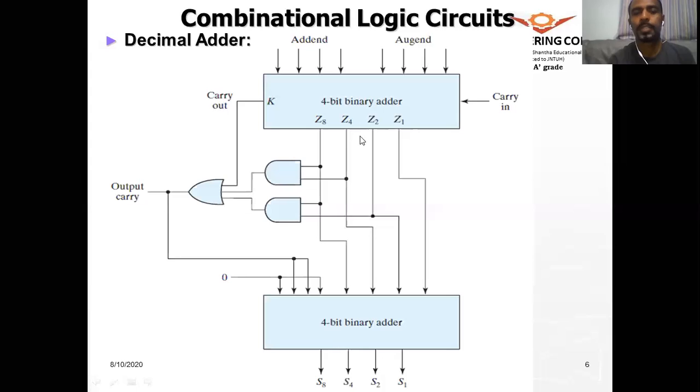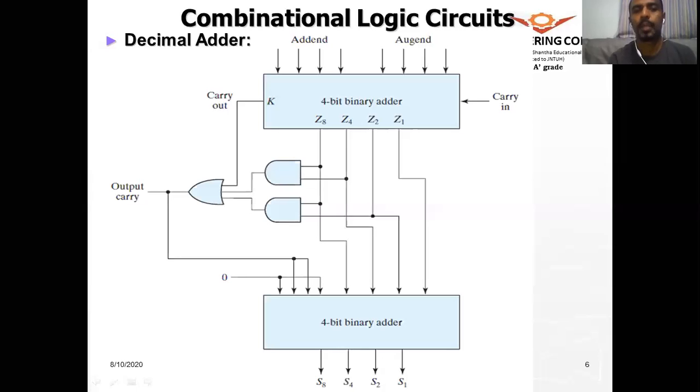So this first binary adder will perform the binary operation, and this particular adder will convert it into BCD. So this will be the decimal adder, where you are doing the decimal addition by taking binary coded decimal numbers. All right. So this is the BCD number.